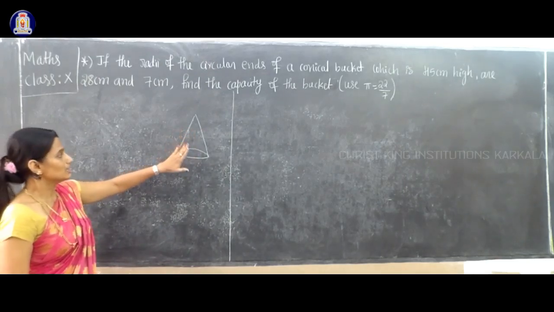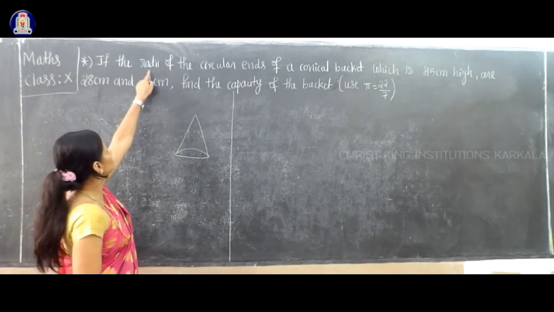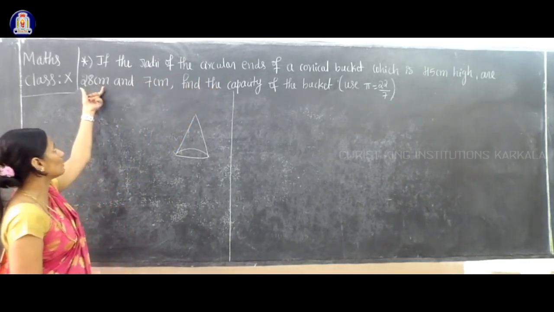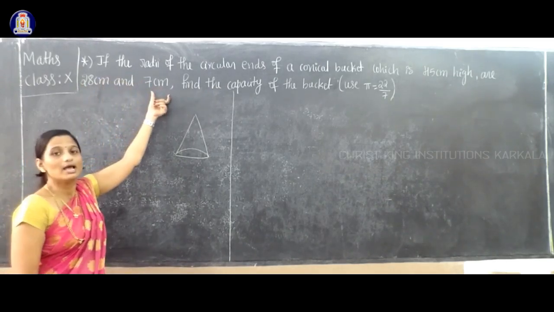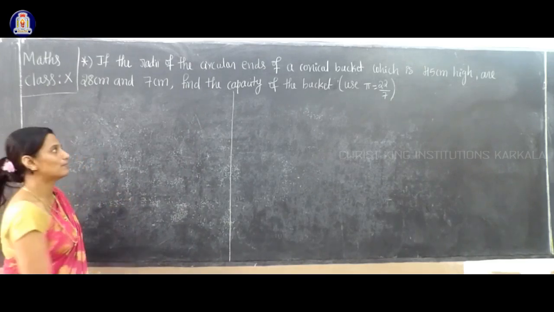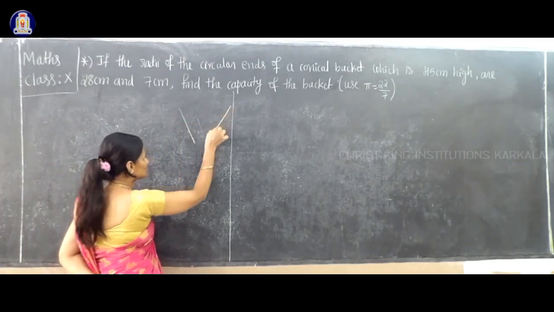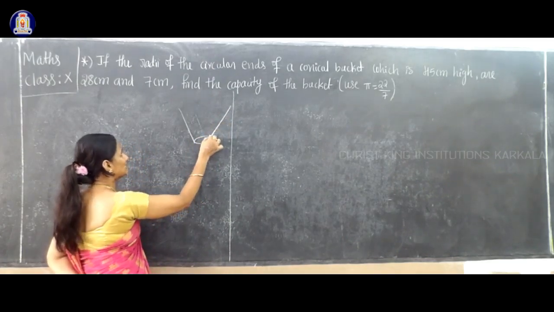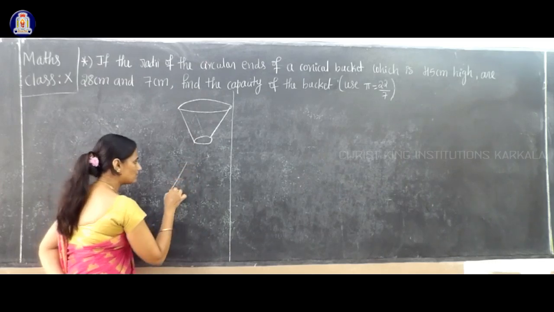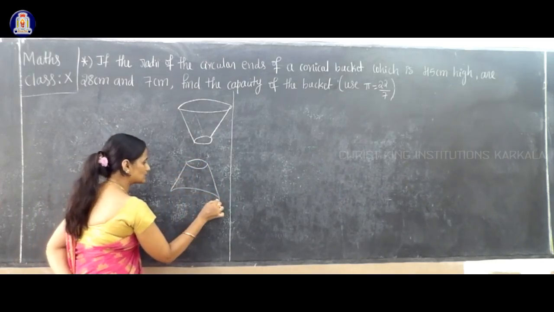No, because the bucket is in the shape of a cone and the radii of the circular ends are 28 centimeter and 7 centimeter. So your bucket is in the shape of a frustum of cone. Understood now? So this is the bucket, and that bucket is in the shape of a frustum of cone.